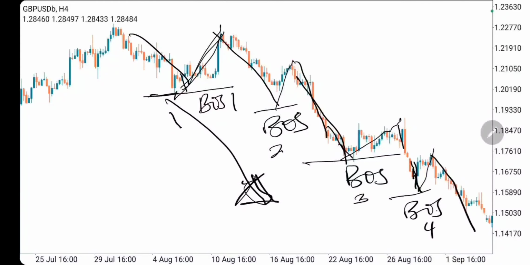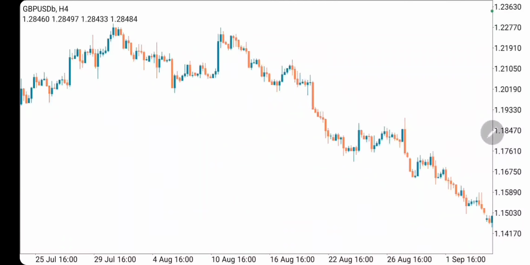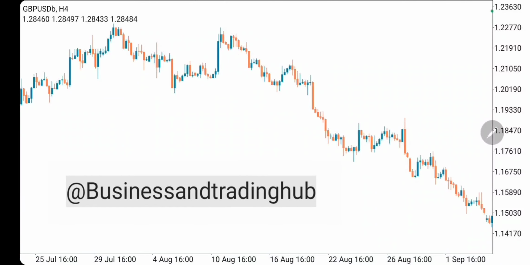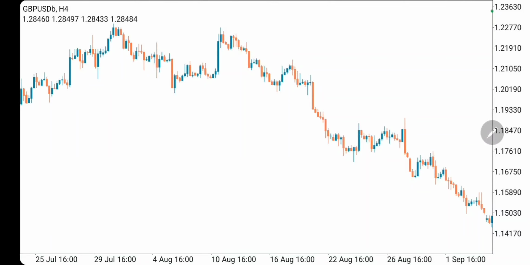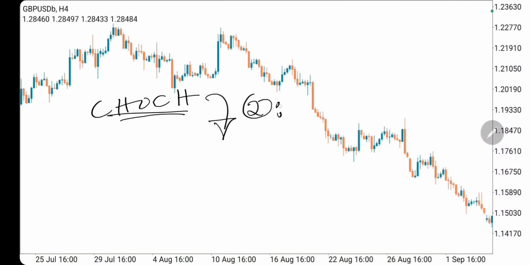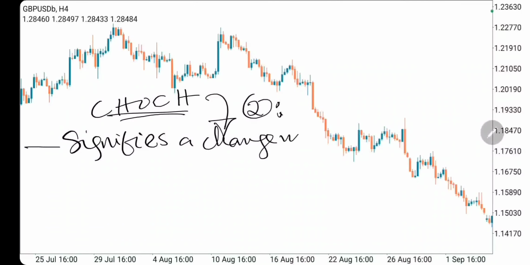Now let us go into the change of character. As I told you, a change of character actually does two things. Number one, the change of character signifies a change in trend.